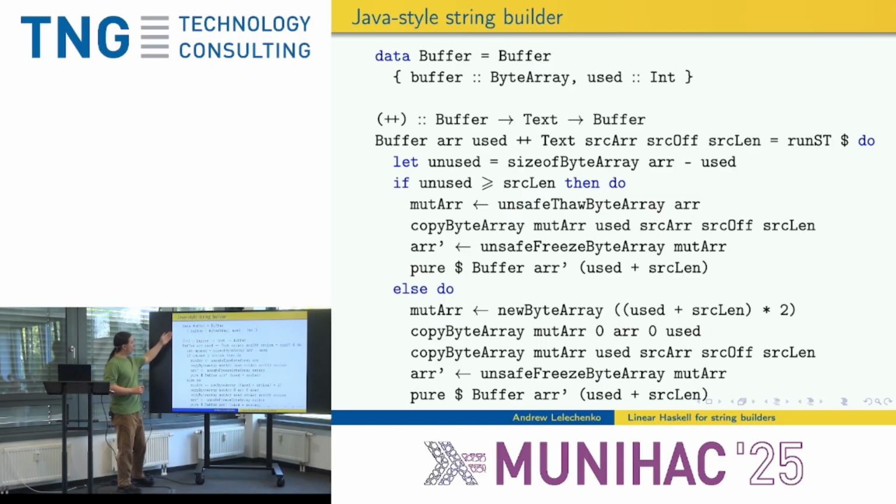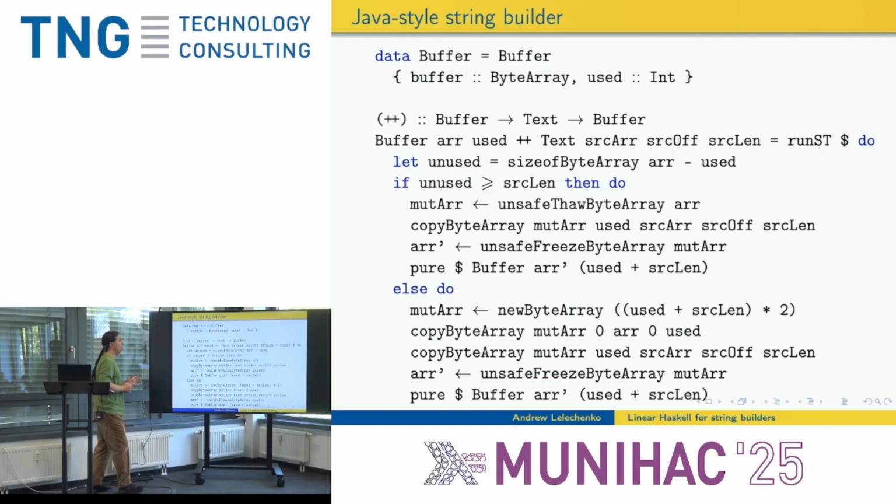So we say that our buffer is just a byte array with a counter of how many bytes have been used. And then we have trailing unused bytes. We can compute the number by taking the size of the byte array and subtracting how many have been used. This is pure data, no functions, it's just a raw lump of memory.